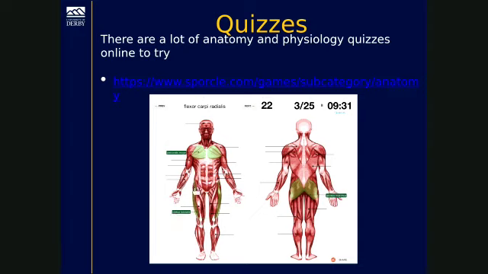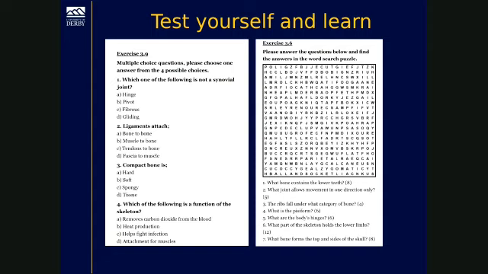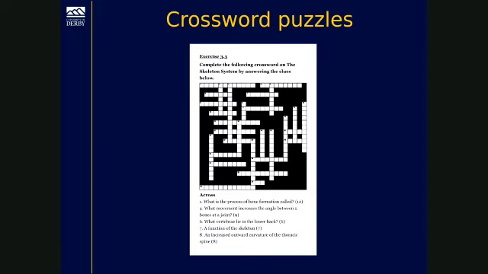Basically, all it means is big lateral muscle or vast lateral muscle. Again here, big glutes. So test yourself to learn. Multiple choices, word searches, crossword puzzles. They're quite good fun.